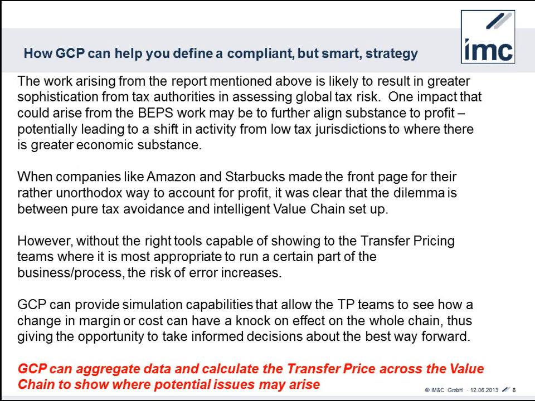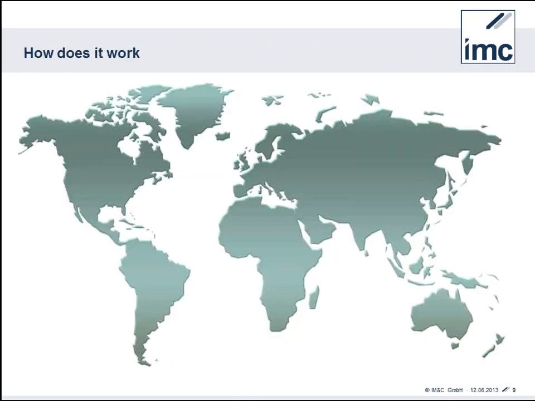But effectively, one of the things that I can definitely say is that if you have the right tools, you can immediately go into your tool, see what it would mean to your value chain to move the production or part of the production of a product from A to B, and see what the effect is in the whole chain. So I think this is what makes our product fairly powerful in the way it works.